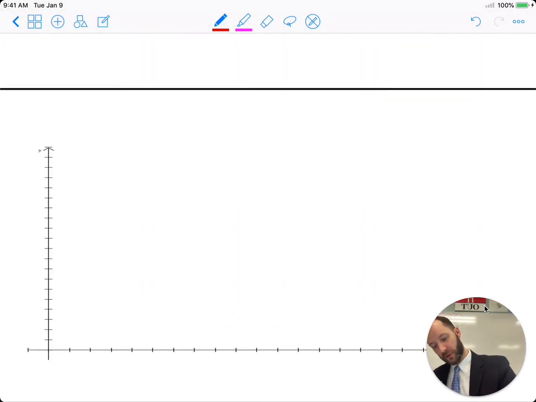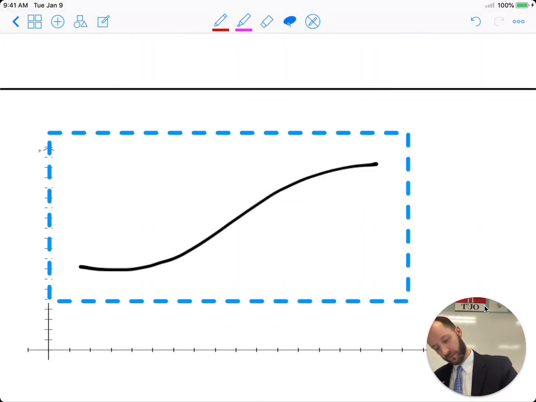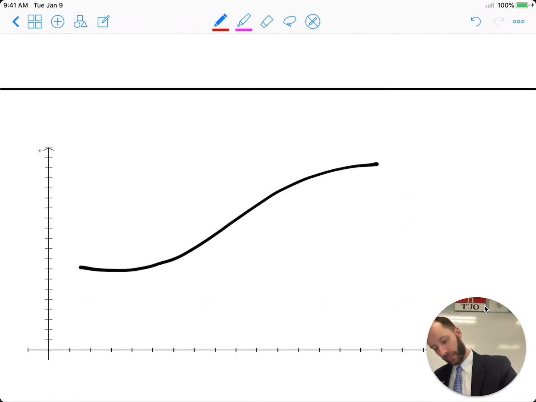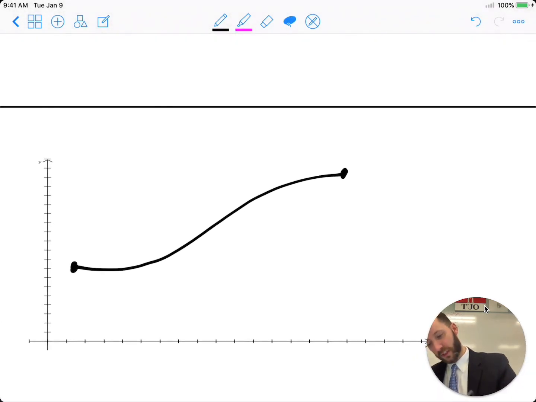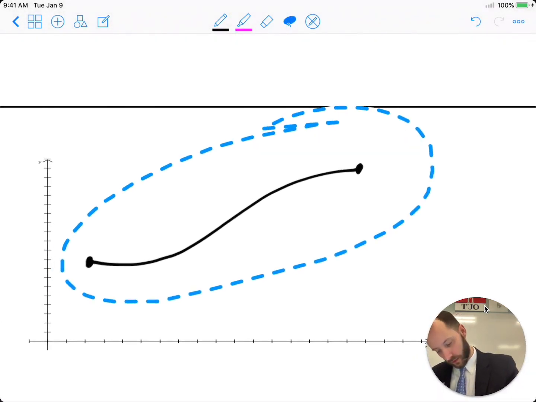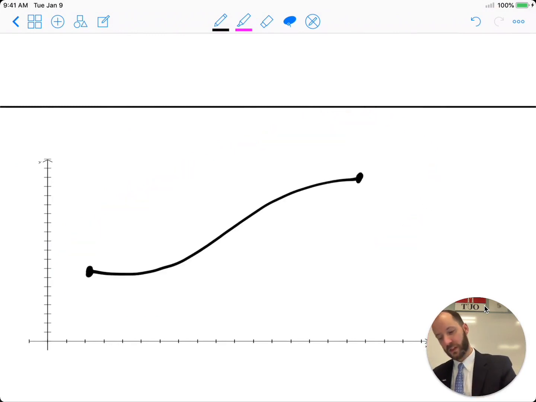So for example, let's draw this here. So we kind of draw in the endpoints there and there, and I want to be as specific as possible, so move this over a little.